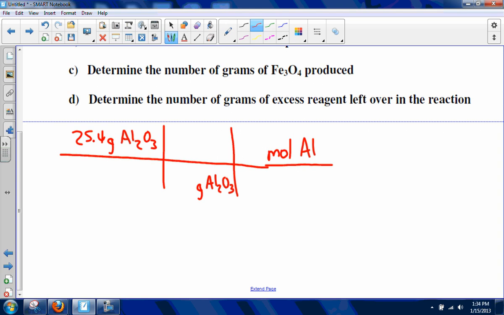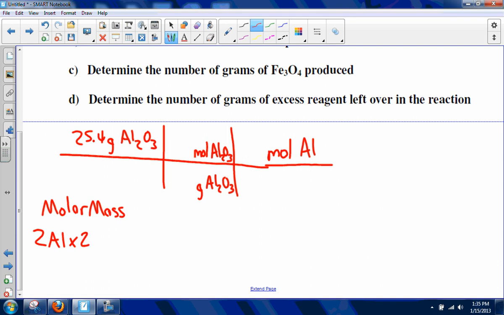Molar mass, right? That means I have to put moles on top. And we can calculate molar mass for Al2O3. That means I have 2 aluminum times the mass of aluminum from the periodic table.